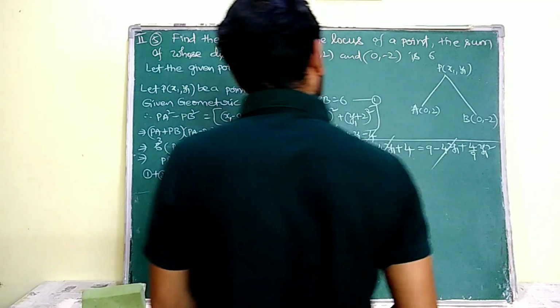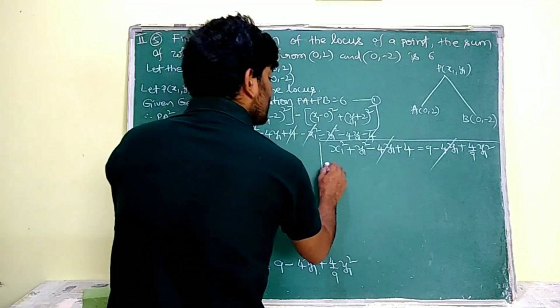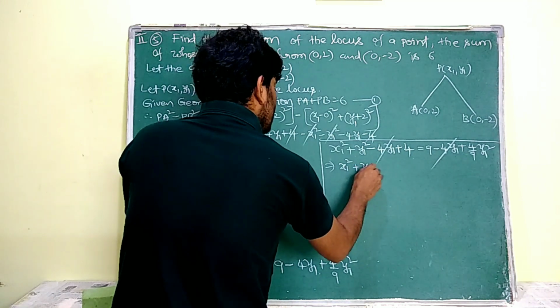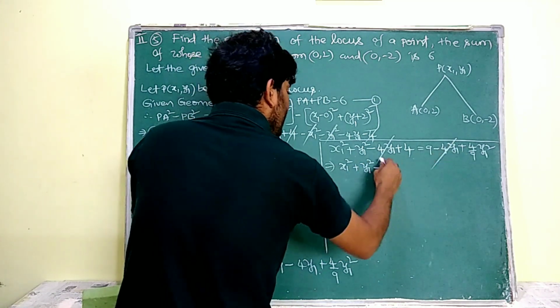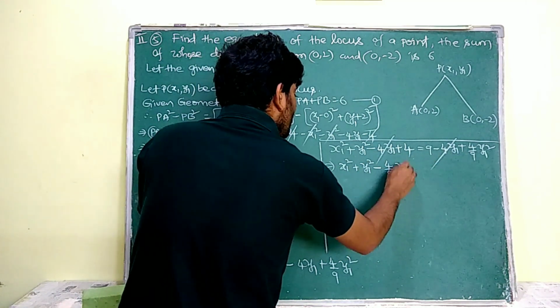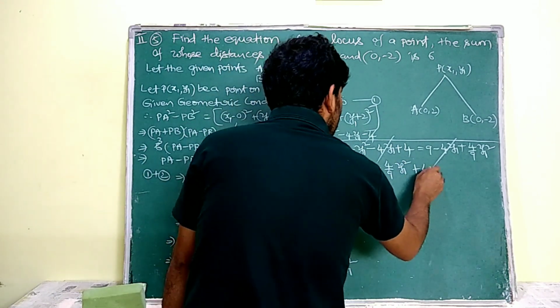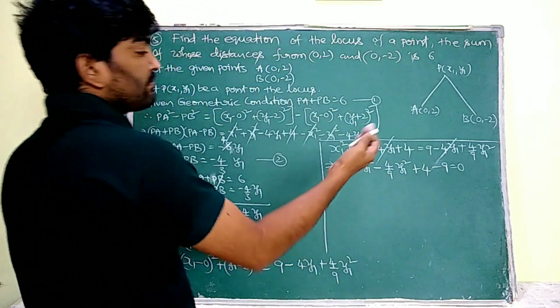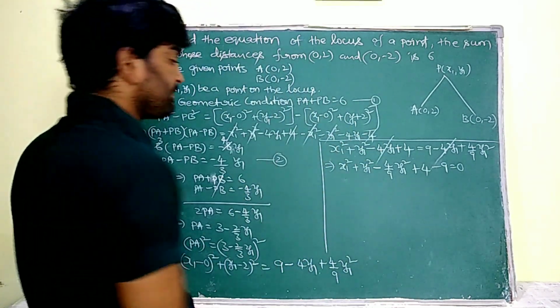This minus 4y1 and minus 4y1 are going to be cancelled. So x1 square plus y1 square minus 4 by 9 y1 square plus 4 minus 9 is equal to 0. I am bringing back all the values from the right hand side to the left hand side.